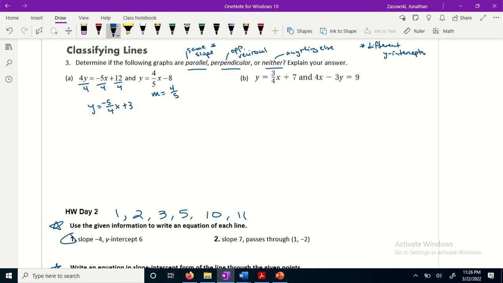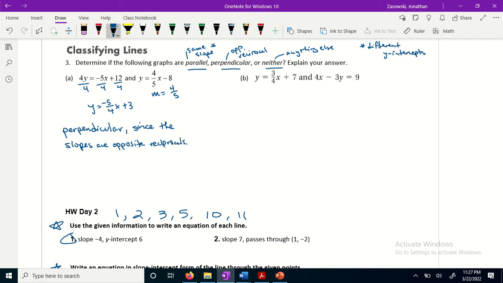Okay, and we can see that this slope and this slope are opposite reciprocals, so these lines are perpendicular. So we're going to write perpendicular, and then we're going to write our reason, since the slopes are opposite reciprocals.